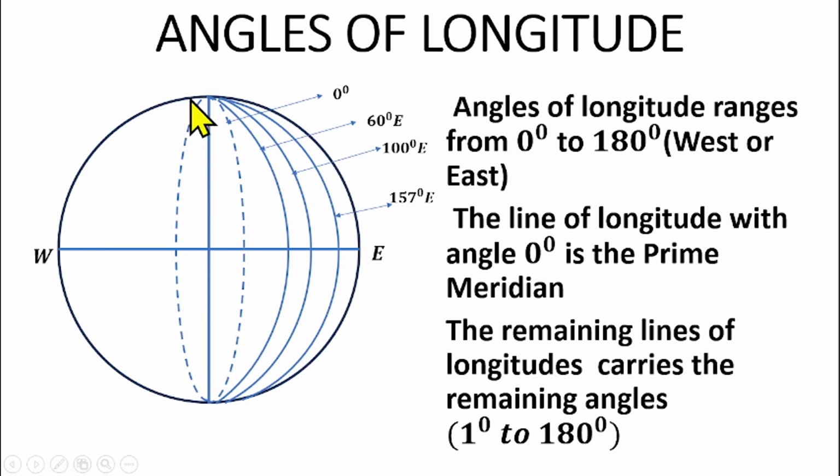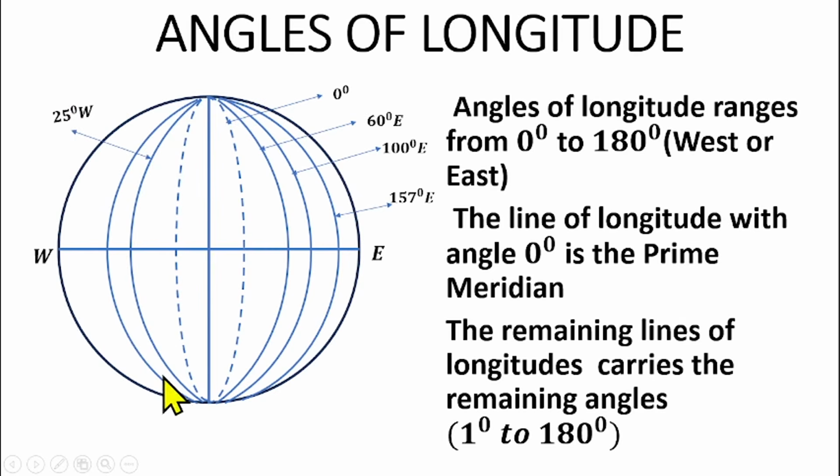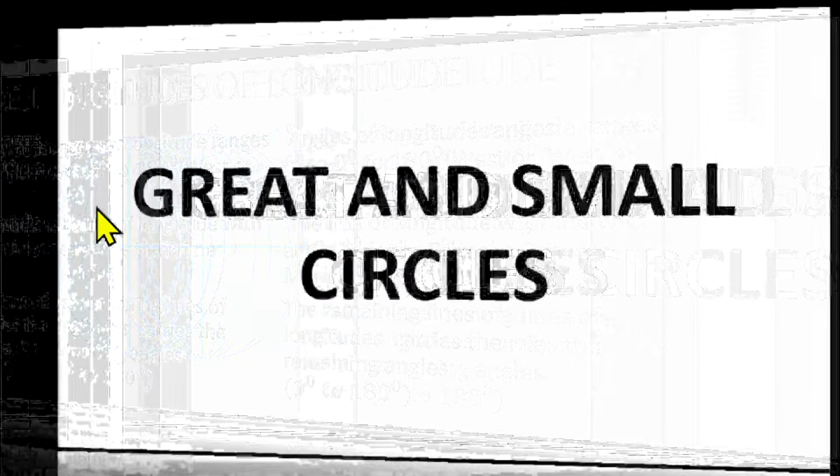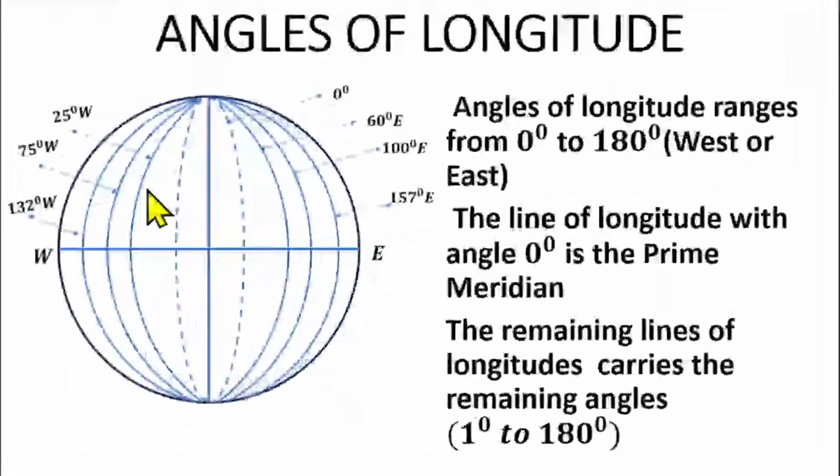Also to the west, I can draw another line of longitude and label it 125 degrees west, another 75 degrees west, and another 132 degrees west, until we get to 180 degrees west also.